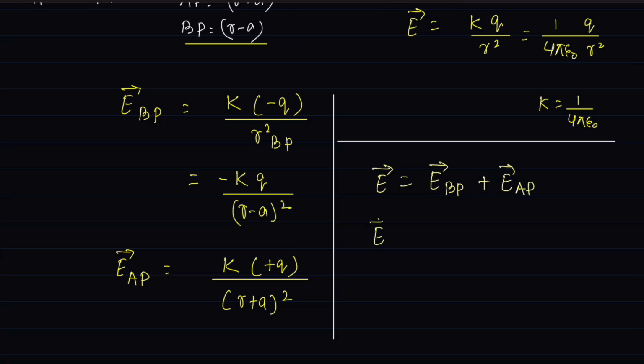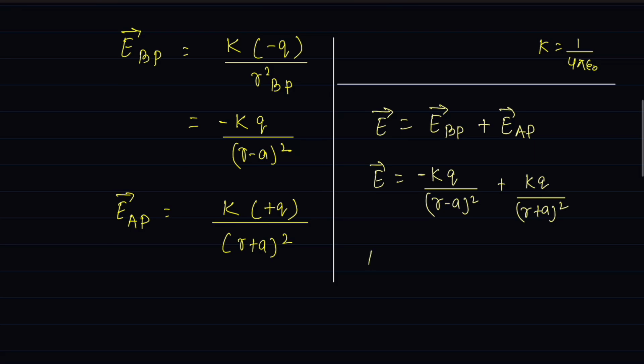So E is equal to k times minus q by r minus a whole square, plus kq by r plus a whole square. So E is equal to kq, we can take common: minus 1 by r minus a whole square plus 1 by r plus a whole square.